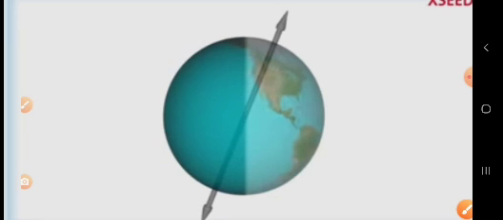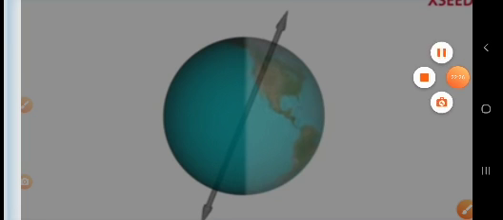So children, here we can see an imaginary line. This line is a bit slant or tilted. Children, when we were reading about earth in our previous chapter, we had studied that earth is a bit tilted.